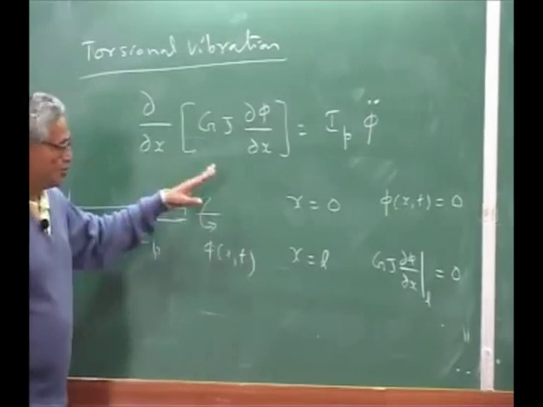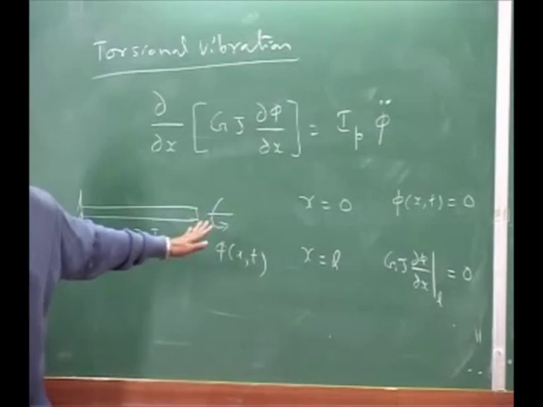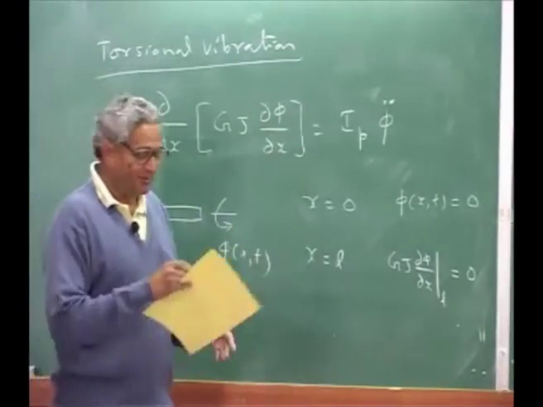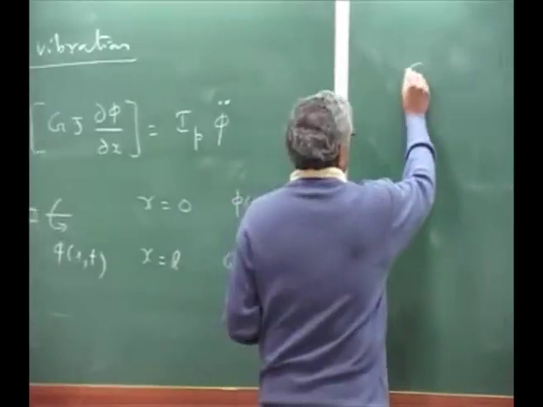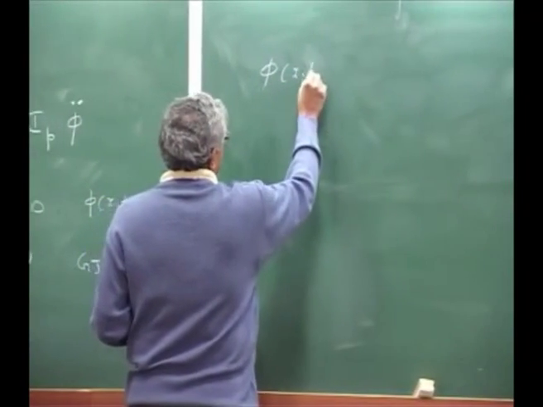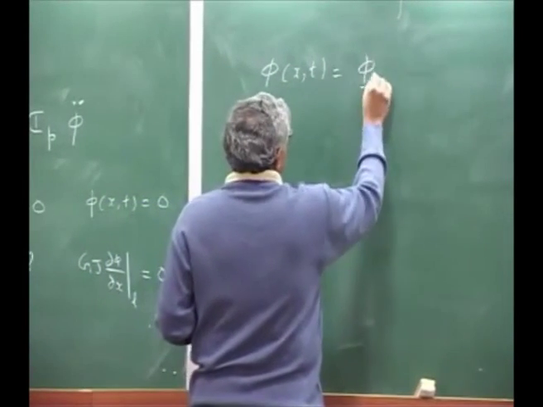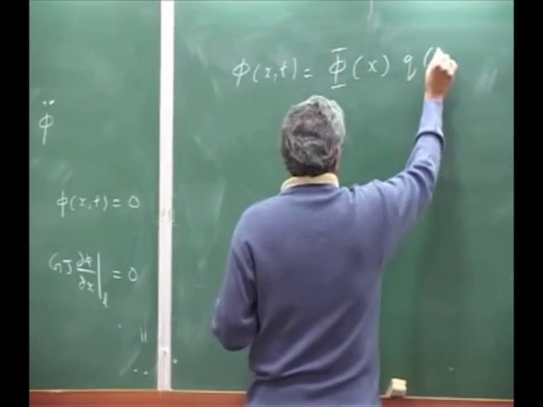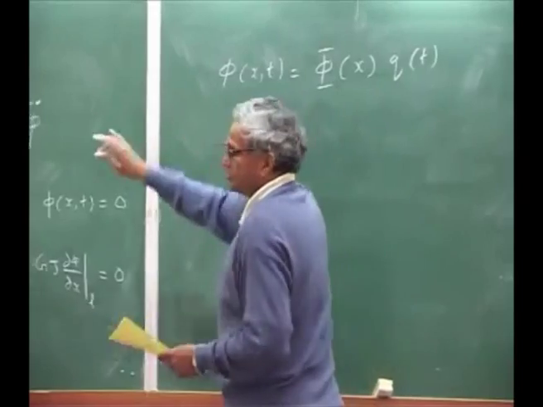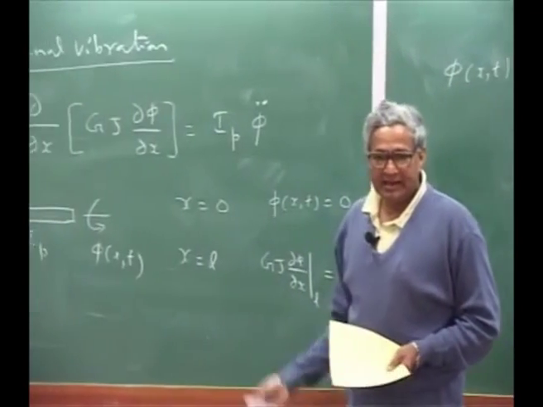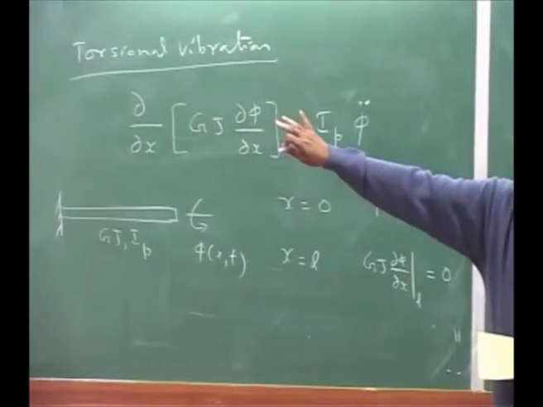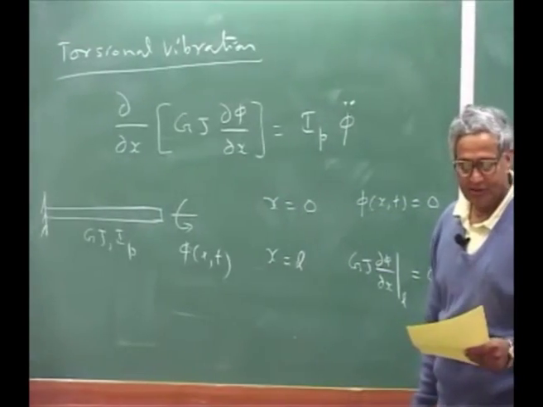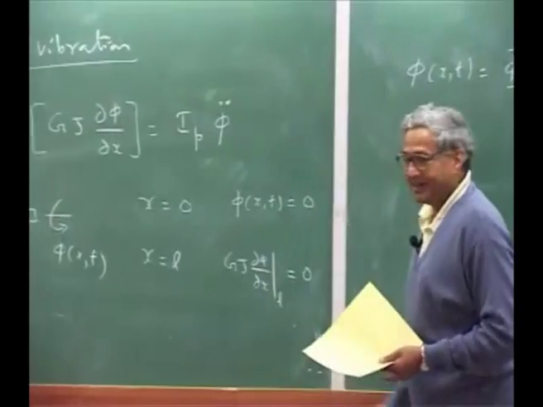As usual, again you put in the separation of variables: phi, which is a function of x and t, you write as some capital P of x and some q of t. Substitute, collect the q of t terms on one side and the P terms on the other side, and you will get the differential eigenvalue problem.